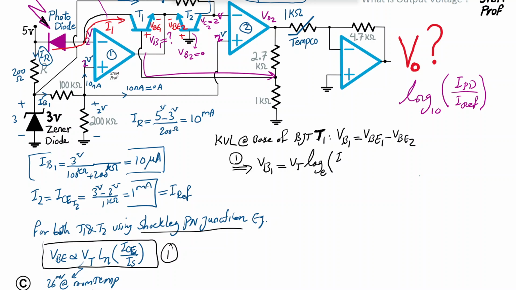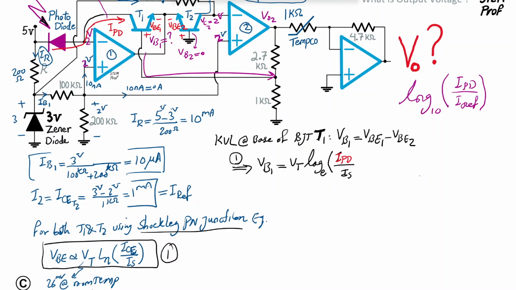We talked about it. It's the only current that can come because of the light that is affecting the photodiode and causing it to generate a current. So I1 is basically I of photodiode. So I'm going to write I of photodiode for the collector emitter current of transistor 1. And then in the denominator, we have the saturation current of the transistor, of course.